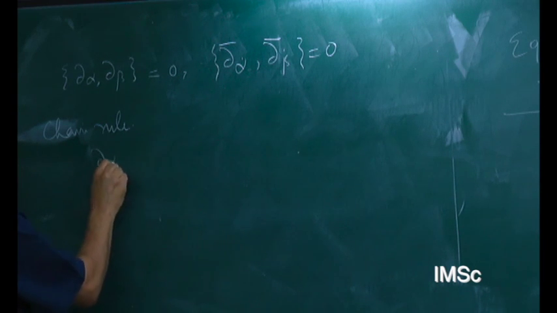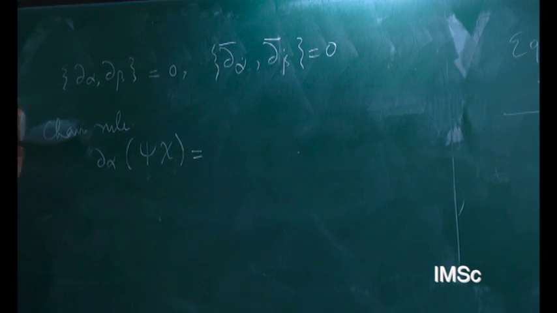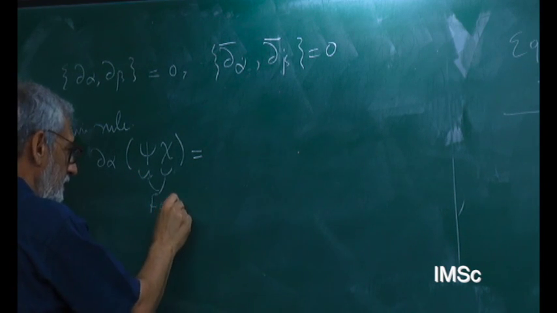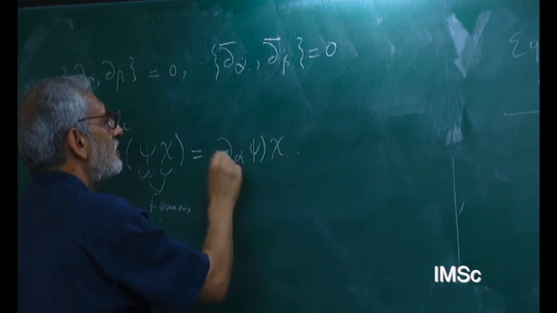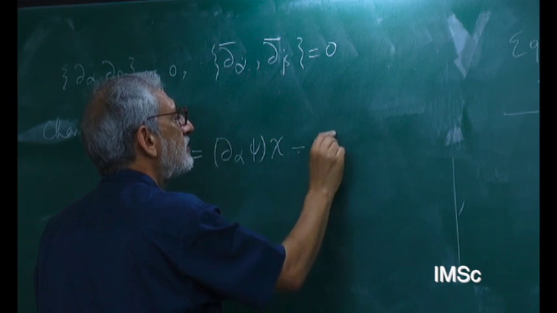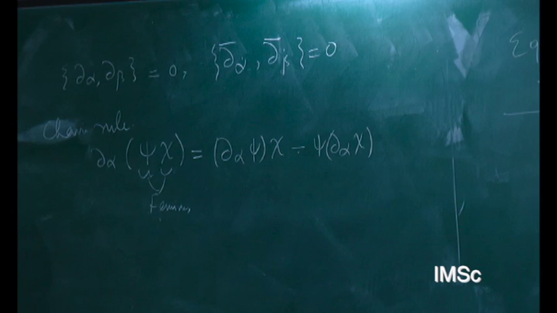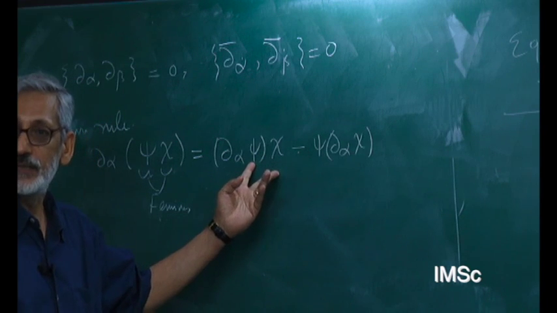If I operate d alpha on a product of objects phi and chi, both fermions, here this property is different from ordinary differentials.